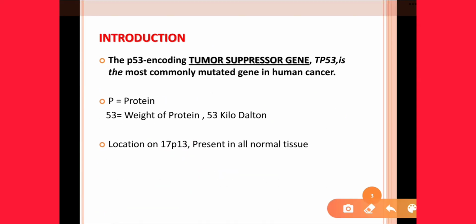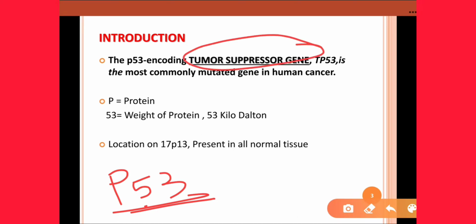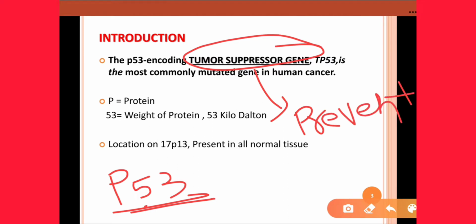If P53 is mutated, then it will lead to cancer formation. So guys, first of all, you need to understand that P53 is one of the tumor suppressor genes in our body. What do you mean by tumor suppressor gene? They are the genes that prevent cancer formation.